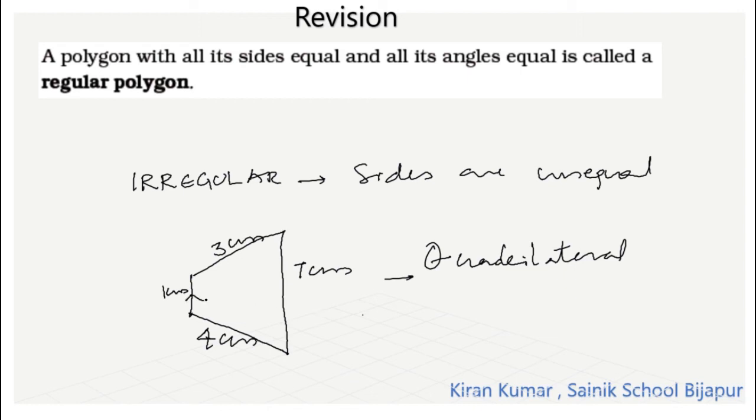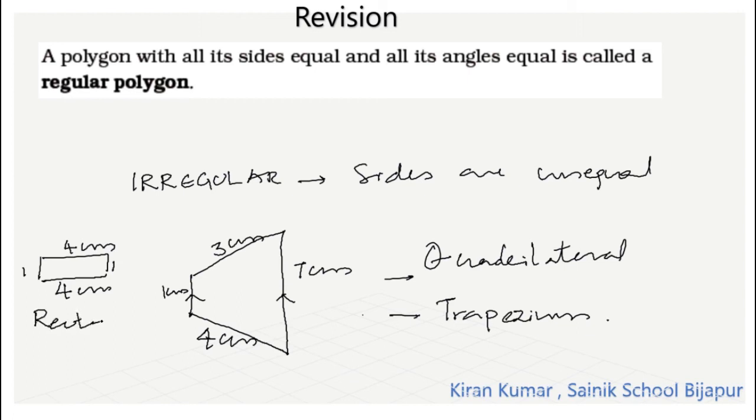If these two sides are parallel to each other, it is called a trapezium. If you consider this type of figure wherein only the opposite sides are equal, these types of figures are irregular. This particular figure is a rectangle.